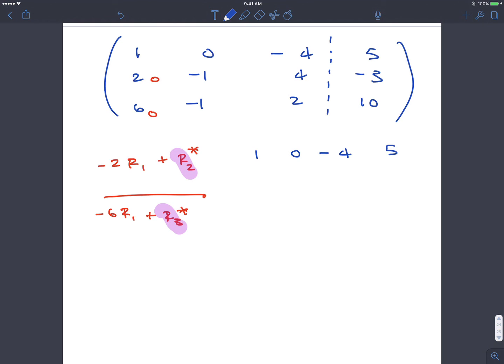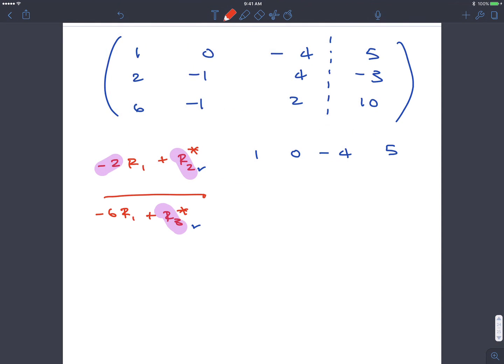It's staying the same. What's changing is row number 2 and row number 3. So let's be careful here. For row 2, remember, I take the constant, -2, and I multiply it to row 1, and I add it to my row number 2.